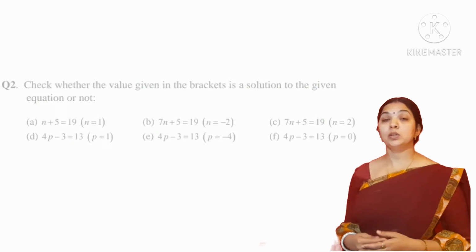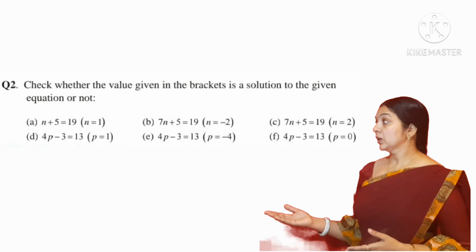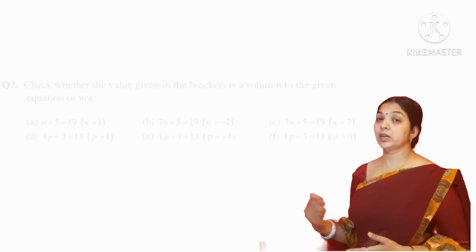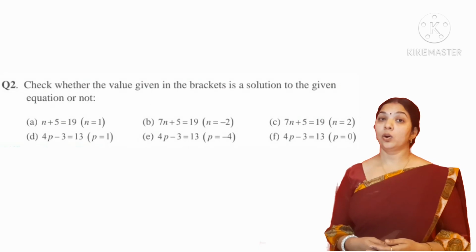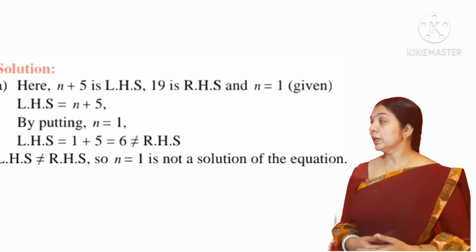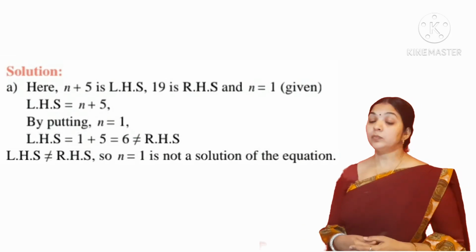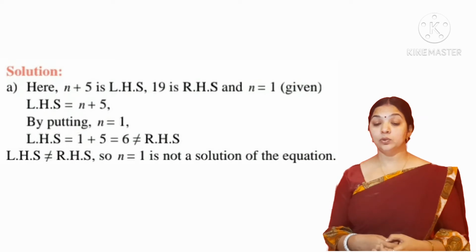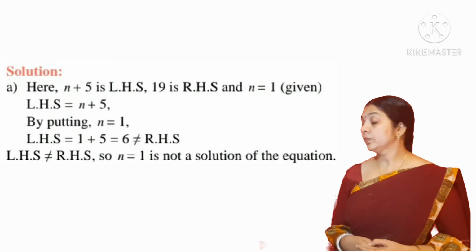So the values are given in brackets. So you have to check whether the given values satisfy the given equation or not. Again we will go one by one. So let's start with part A. Part A is n plus 5 is equal to 19.